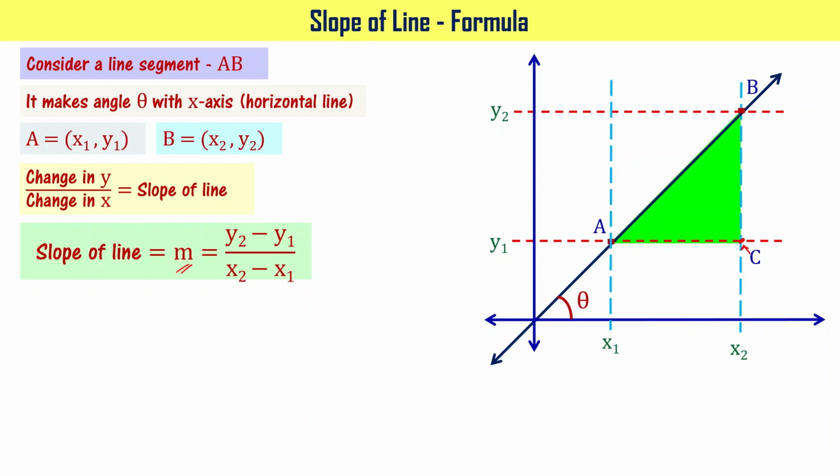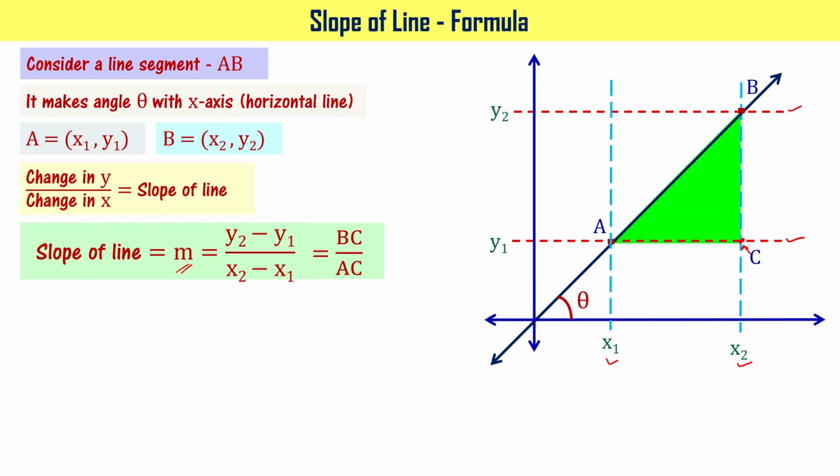Change in y for line segment AB is y2, that is here, minus y1, divided by x2, that is here, minus x1, right? From here to here. So now I can say that change in y is equal to BC, and change in x is AC. So let me write it as slope of line m equal to BC by AC.